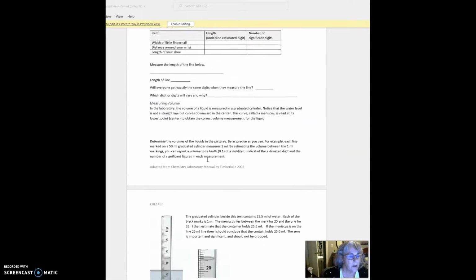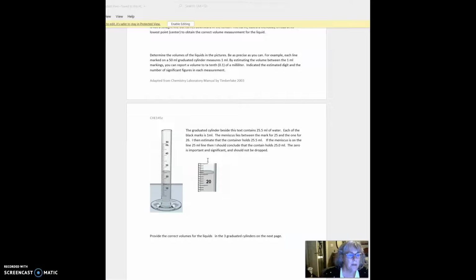Now let's look at the volumes. Volumes can be tricky, particularly when you don't have a real graduated cylinder in front of you. This graduated cylinder contains 25.5 milliliters of water. We want to read at the bottom of the meniscus, which is right here, and you can see that the meniscus is above the 25 mark.